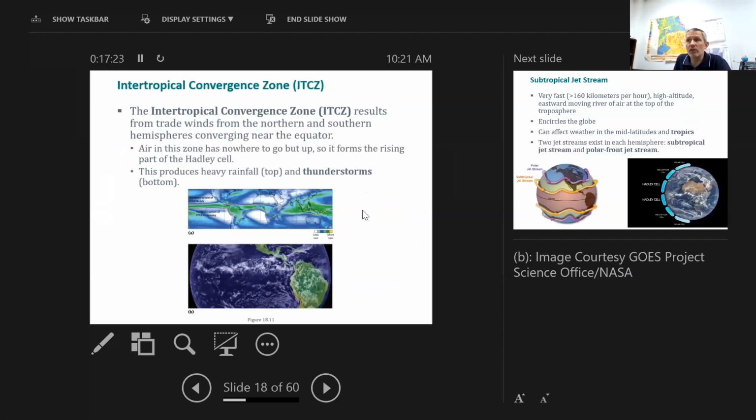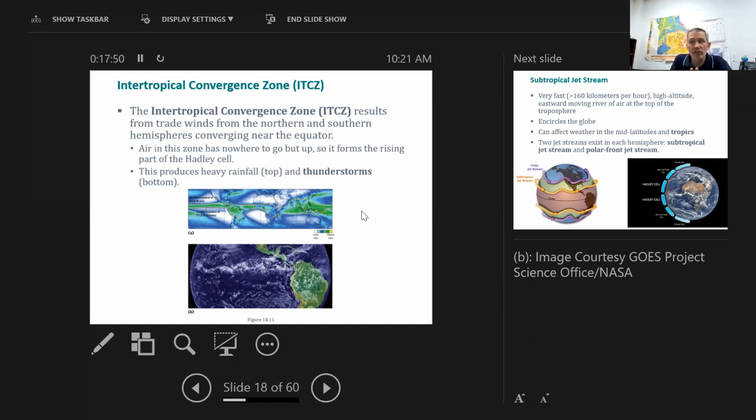And so right at the equator, there is no Coriolis effect. It's air moving towards the North Pole or towards the South Pole, away from the equator, that we start having that Coriolis effect. As I've already mentioned, right at the intertropical convergence zone, this has tremendous amounts of rain, and the prominent movement of air is up.